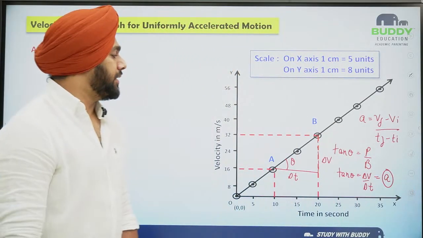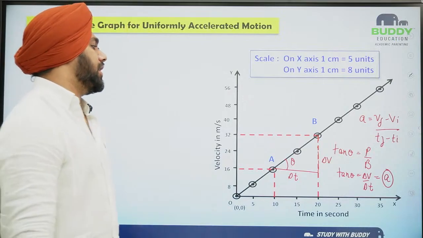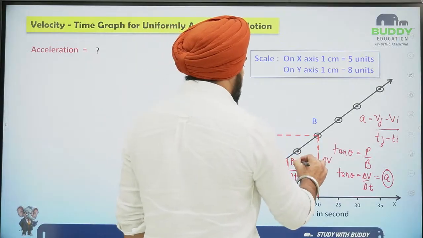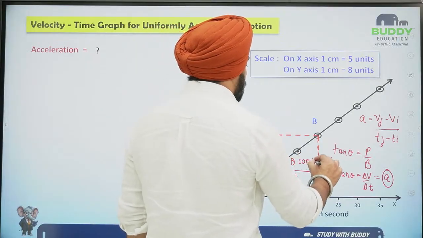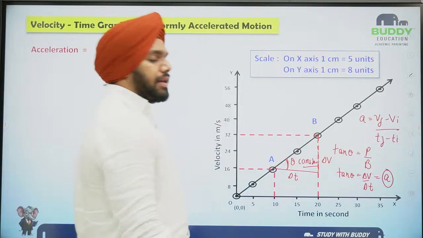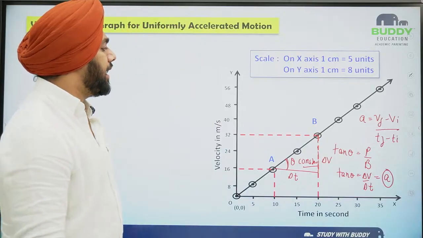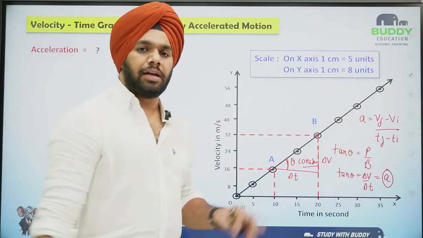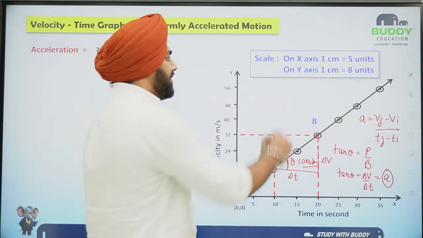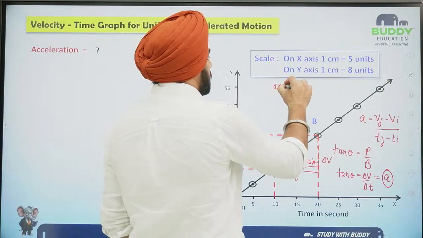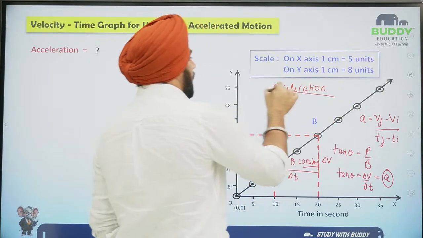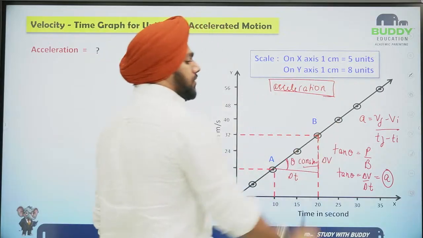Again I told you in the last lectures that if theta is constant, then what exactly will you get? See, this is a linear graph, right? And here theta is constant, which means the slope is constant, and therefore the acceleration is also constant.